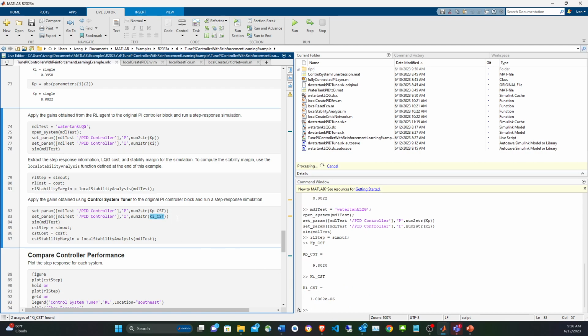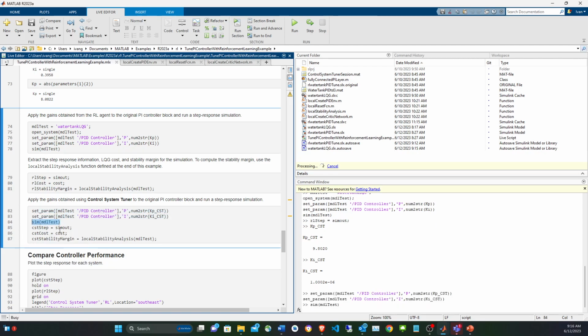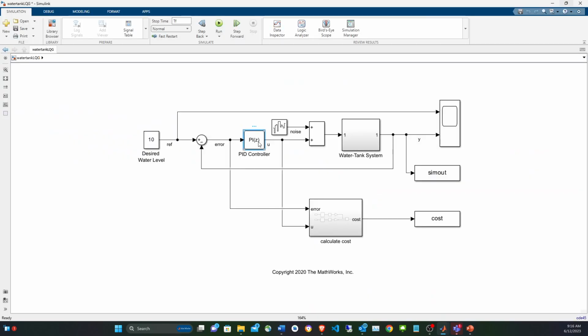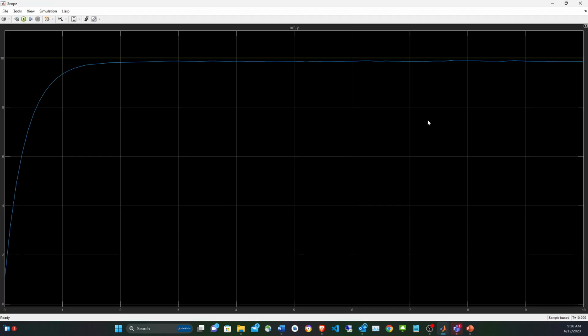We placed them on this variable, so we're going to put them again in the model and simulate again. And you can see that we have 9.8 and 1 to the negative 6. Let's take a look at the simulation output, and you can see it's not that good. I mean, it converges quickly, but it never really gets to the desired value, so that's a problem.